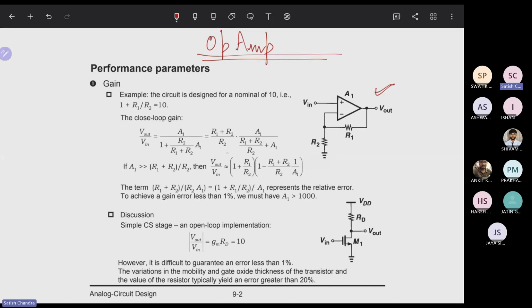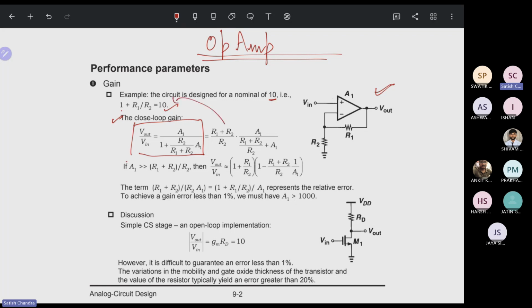If we assume the design of a nominal gain of 10, we say 1 plus R1 by R2 is equal to 10. Then if you look into the closed loop gain, we already know this formula. We try to deduce it in the form of this part.